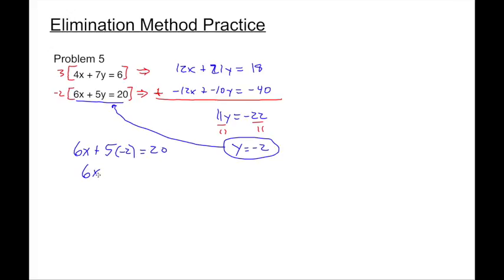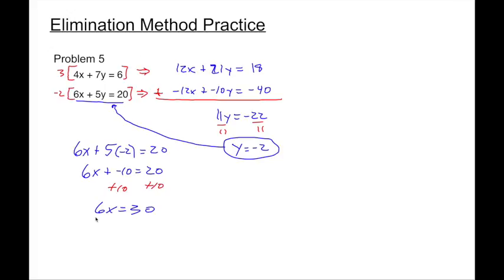So I have 6x plus 5 times a negative 2 is negative 10. How do I get rid of plus a negative 10? I would add a positive 10. So then I have 6x equals 30.